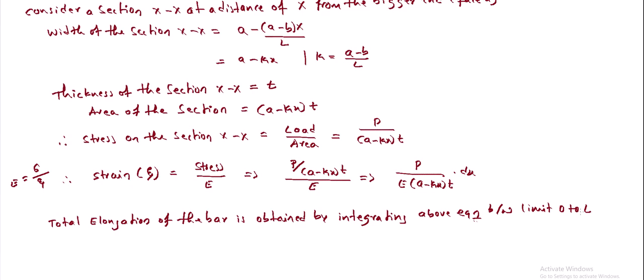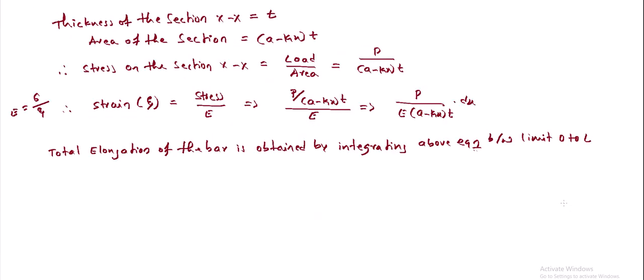Now I will write this equation for understanding purposes. The total elongation is taken from 0 to L of P by ET times A minus Kx, dx.